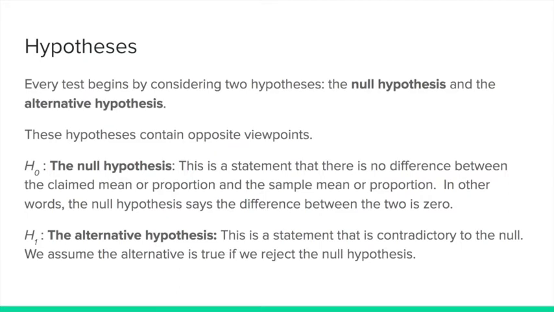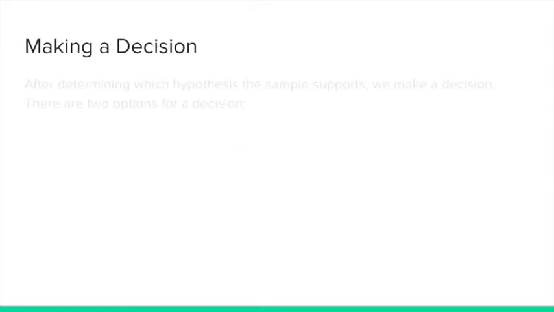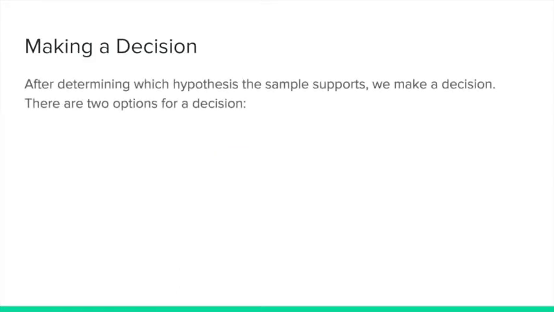So if we reject the null hypothesis in our final decision-making step, then what we're doing is we're assuming that the alternative hypothesis is true. Okay, if we reject the null, then the alternative must be true, or at least must be supported.